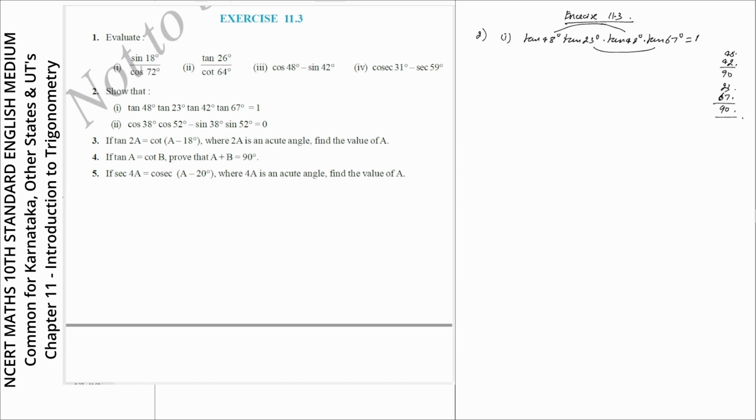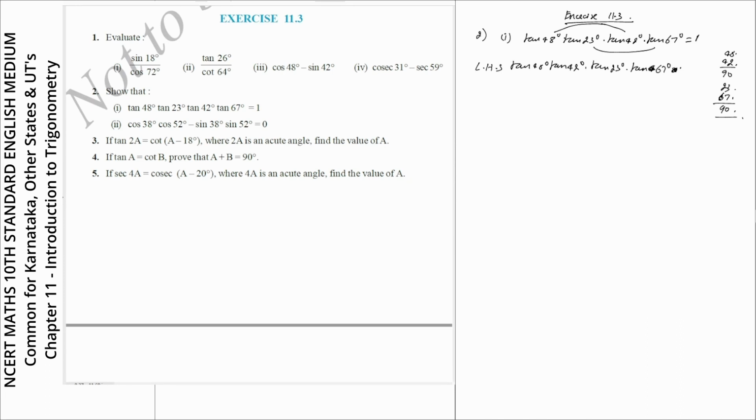So I'll reorder it, tan 48 degree into tan 42 degree into tan 23 degree into tan of 67 degree. I'm making no changes, only reordering. First I'll take the left hand side.